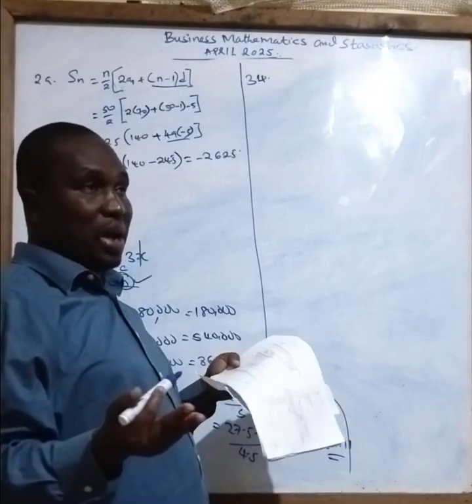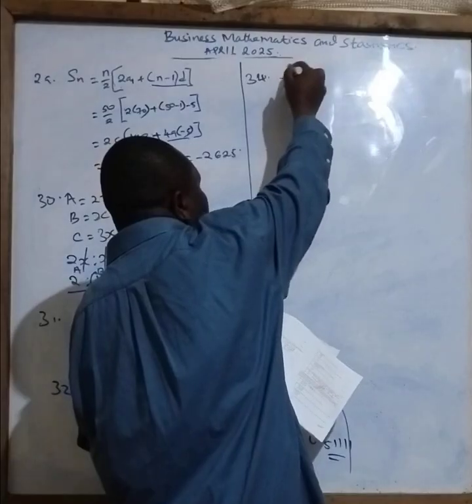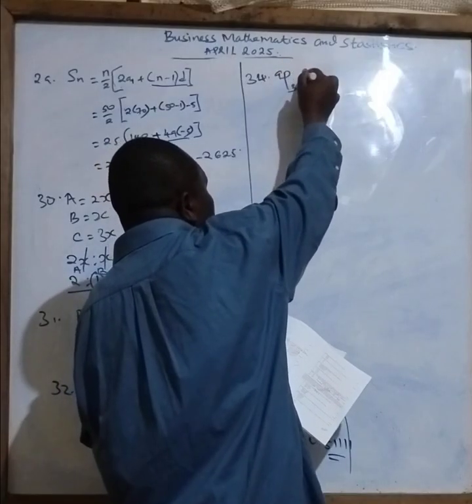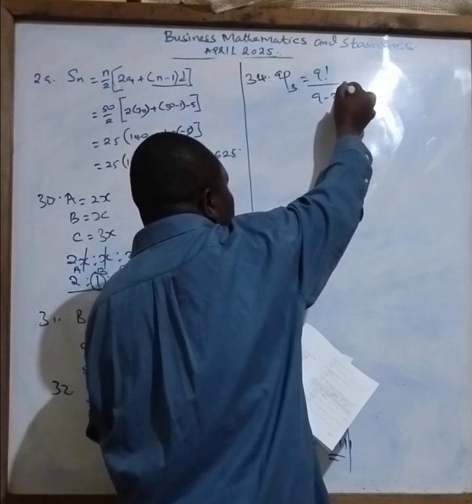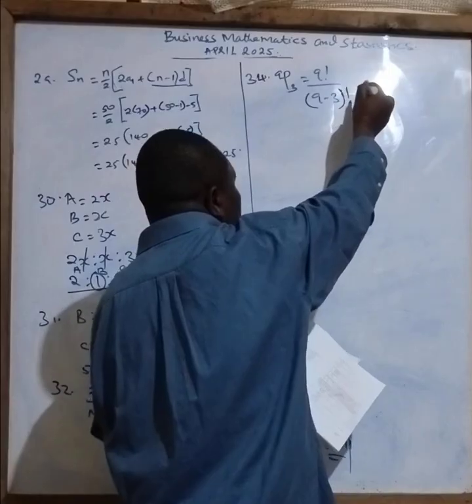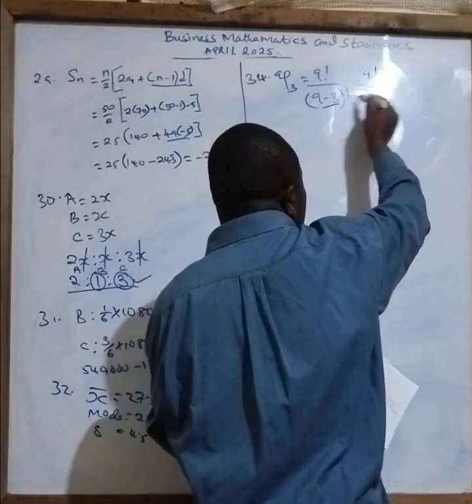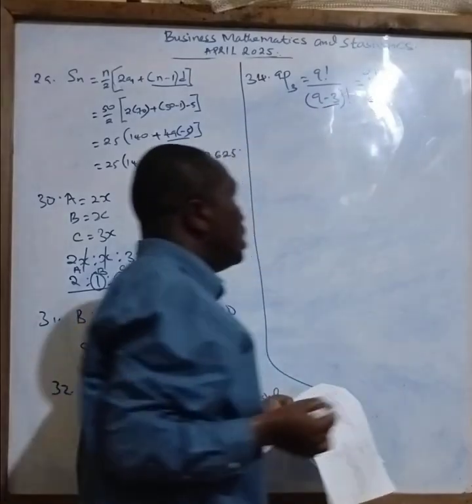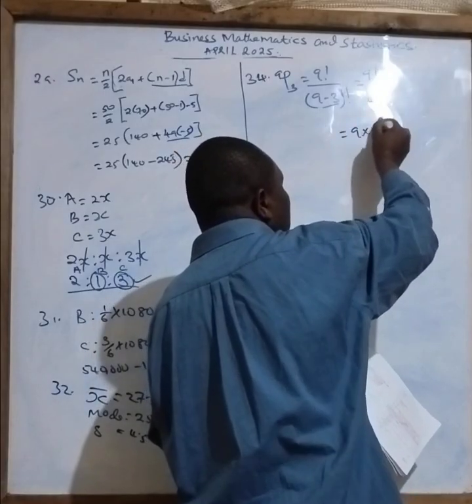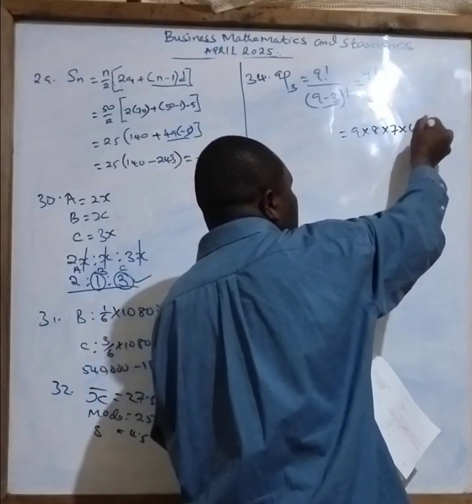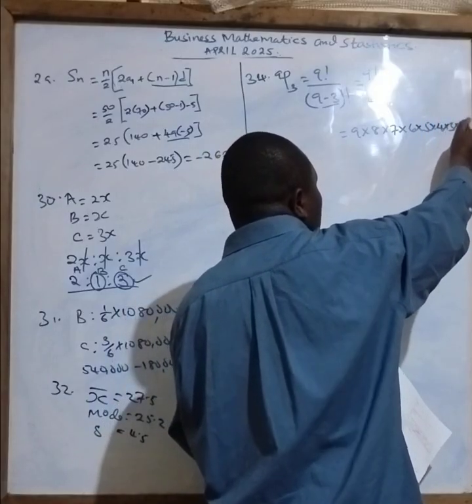So there are 3 positions here. For us to calculate this, the permutation 9P3 equals 9 factorial over 9 minus 3 factorial. So your answer is 9 factorial over 6 factorial. You multiply 9 times 8 until you reach 1, over 6 times 5 times 4 times 3 times 2 times 1.